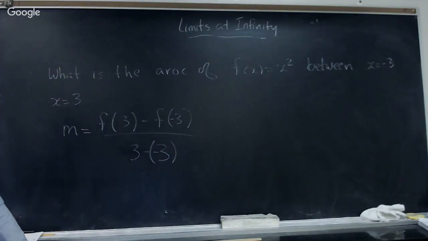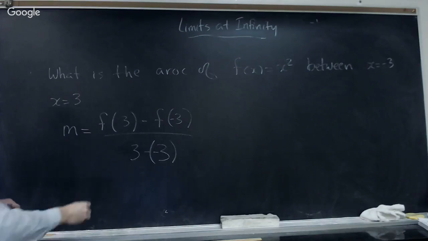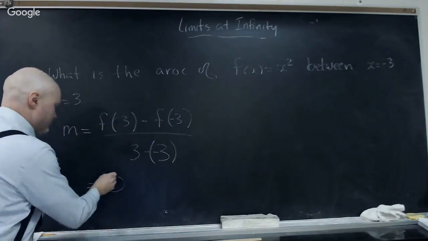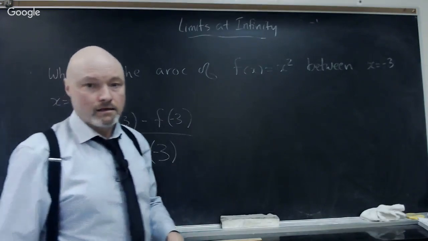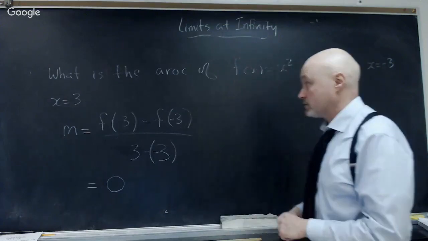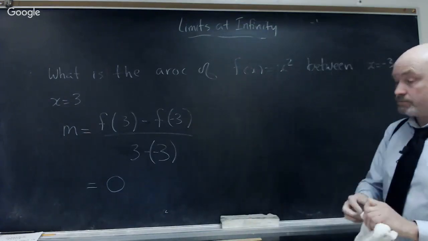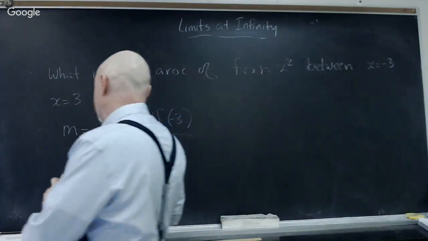In other words, f at b minus f at a over b minus a. And this works out to be 0. Anyways, that's the average rate of change. So pretty easy questions. Just use the difference quotient.